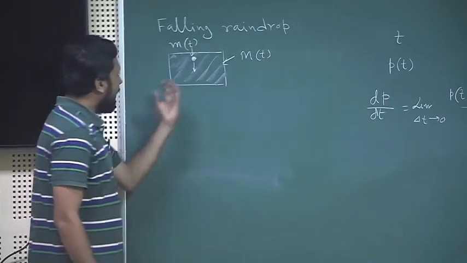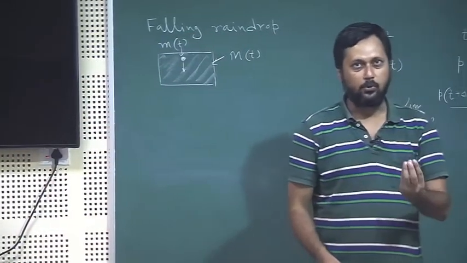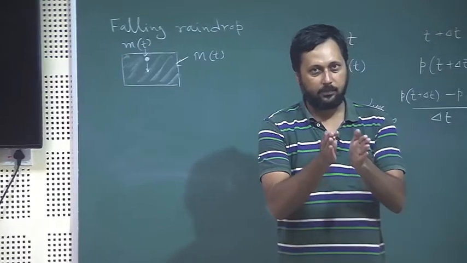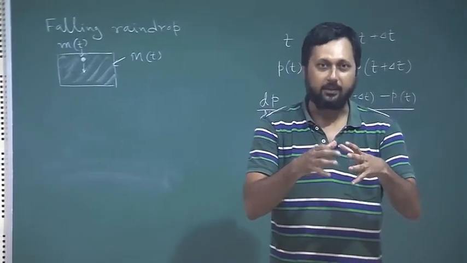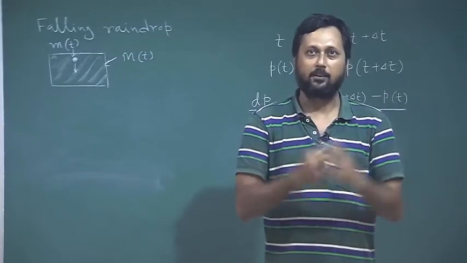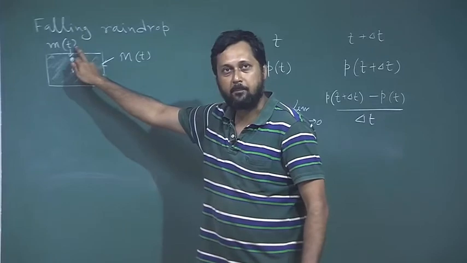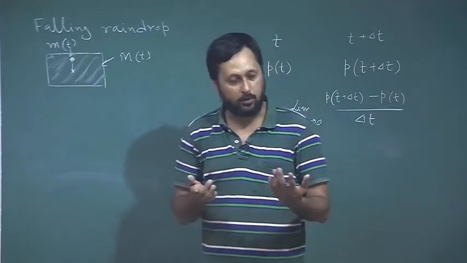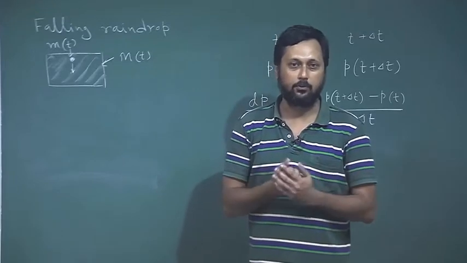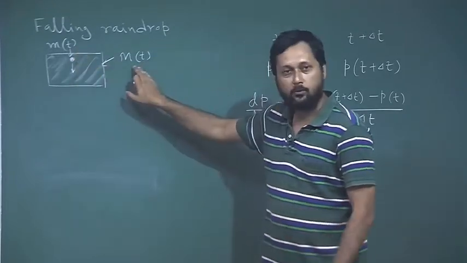Right. Now, what happens is, as the raindrop falls through this cloud, it absorbs moisture from the cloud and gains size and mass. So, that is why this mass is a function of time. Similarly, because mass conservation holds, the mass it gains, the cloud will lose.